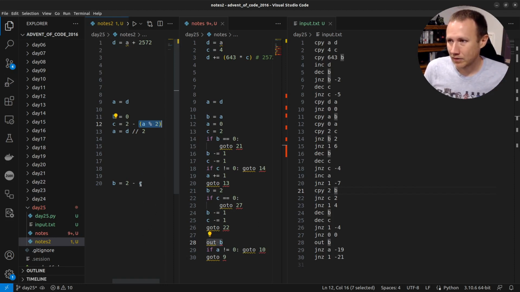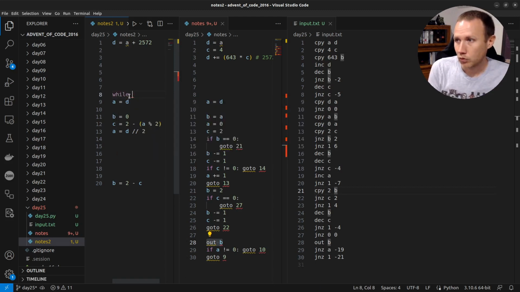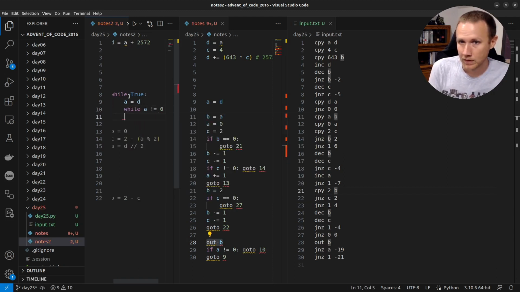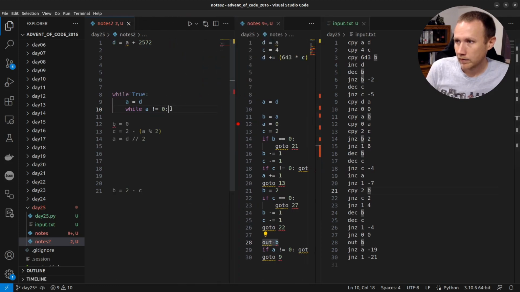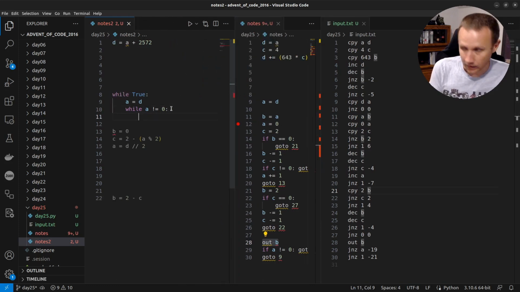So we can kind of even sum all this up basically by saying while true, A equals D, and then we'll say while A not equal to 0, make some more space over here so we can see it. Didn't need a breakpoint. Scoot that over. Well, A is equal to 0. We're going to say A is equal to D divided by 2.